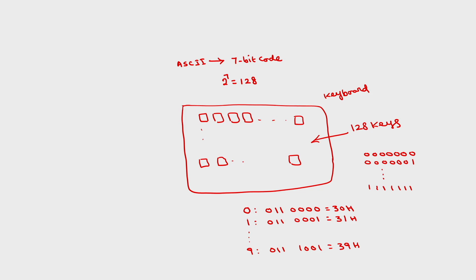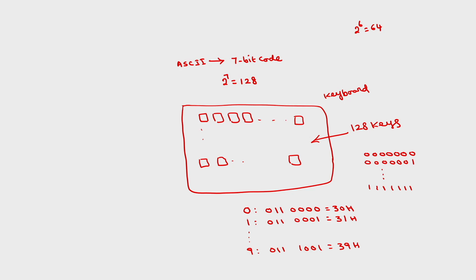Similarly, we have extended binary coded decimal. So why are this many codes and keys required? Initially there were computers with a 6-bit code, which is called a 6-bit internal code. Using a 6-bit internal code, how many different keys can we have? 2 raised to the power of 6, which is equal to 64.